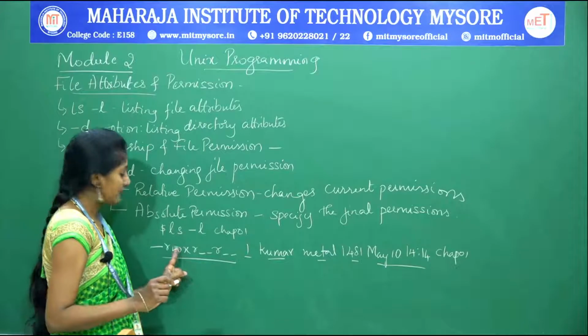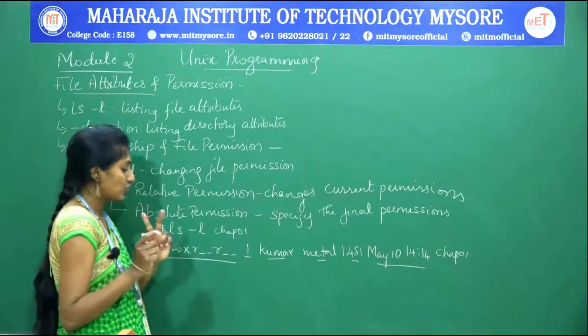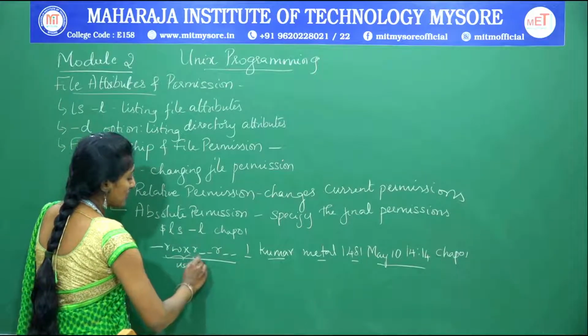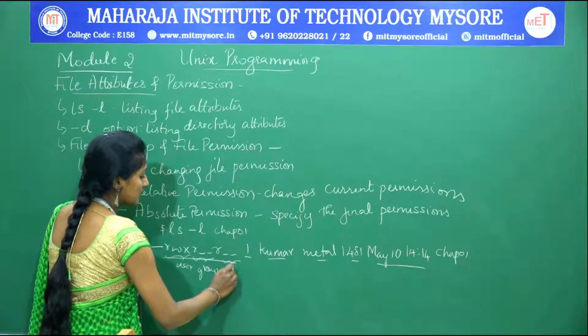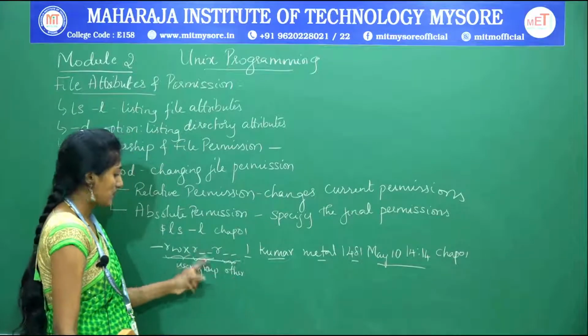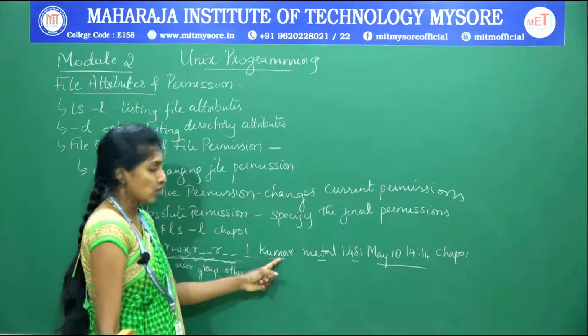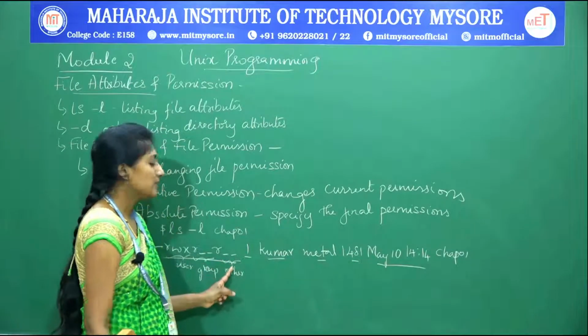The permission of the file has been categorized into 3 categories: user, group, and others. These are the 3 categories of permission assigned for the file chapter 1. The user of this file is Kumar, the group is metal, and others means anybody.